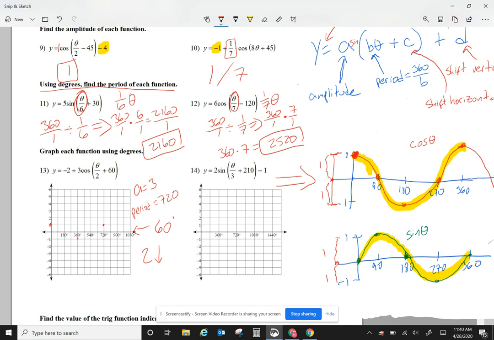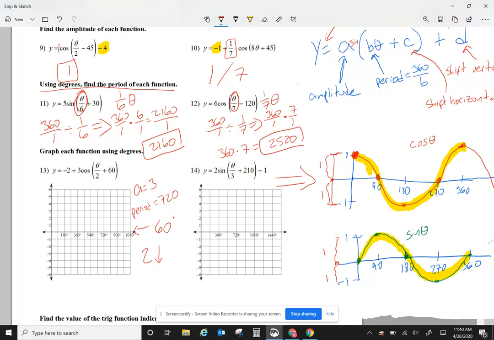Now 360 is right there in there. If you follow along those dots that I did, that gives us what originally it is by changing the period. Now amplitude, I'm going to change this to 3.